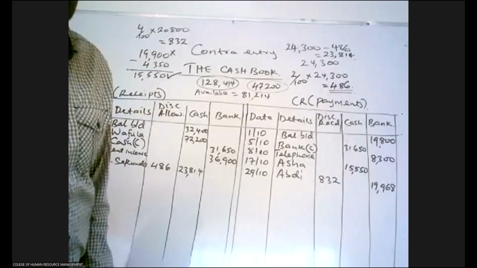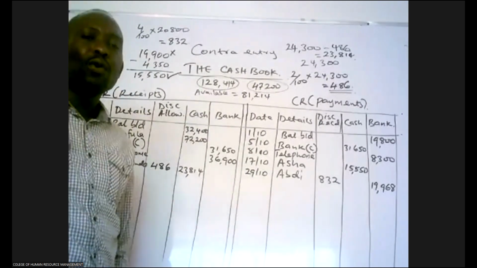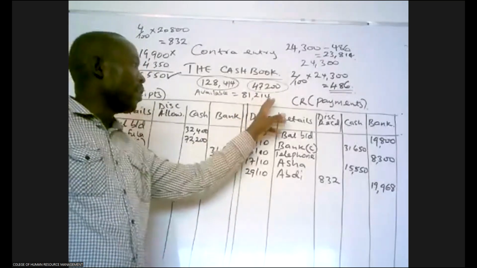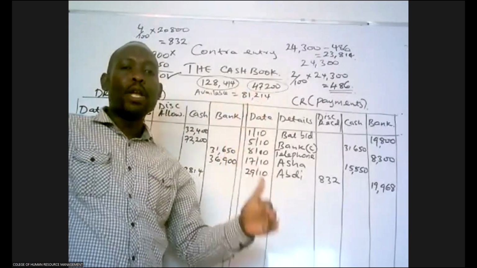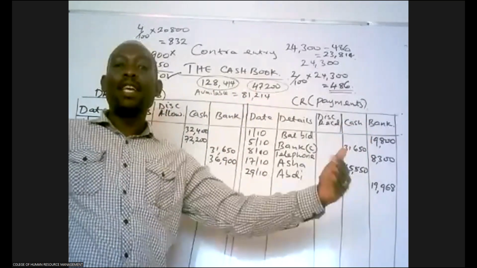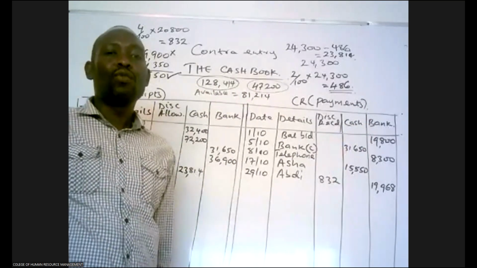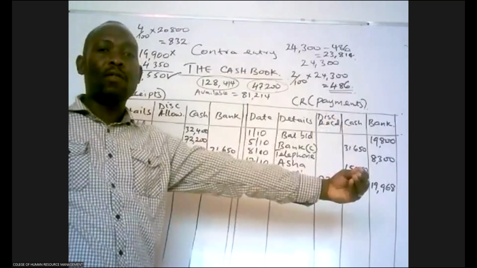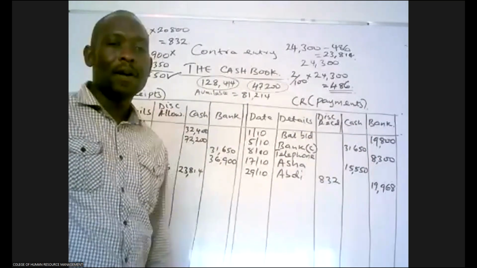Now, if you read the statement, it says that deposited the cash available in the business into the bank account except 25,000. So, in simple terms, they are telling us if we have got 81,214 that is available, we take the rest of the amount, but we retain 25,000. So how much are we going to bank?